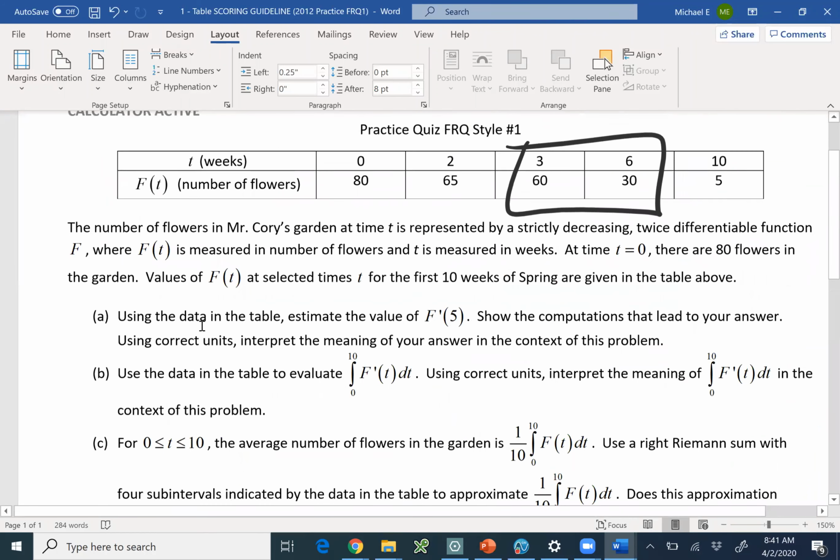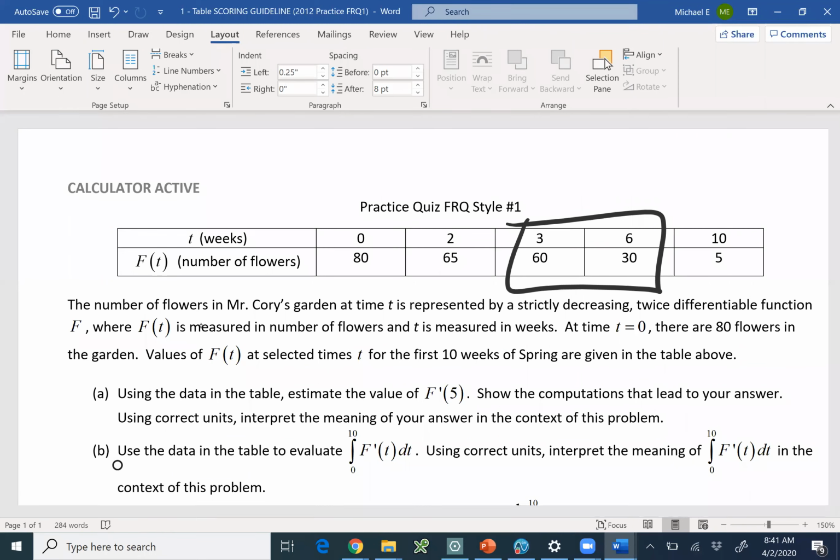And just a quick note with integrals and tables: if you see the word approximate with an integral, you're going to do some kind of a Riemann sum or trapezoid, but trapezoid is kind of like a Riemann sum. Usually they'll tell you, approximate using a left-hand sum or approximate using a right-hand sum. They're going to tell you.